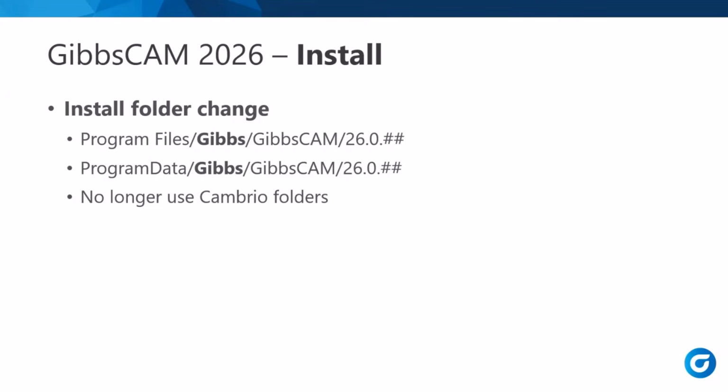So it will no longer use the Cambrio folder. I know we've changed this a couple times during our history, but for the longest time, the Gibbs folder was used, and hopefully this will stay this way from now on. So just please make note of that, because that will be a bit different for you.